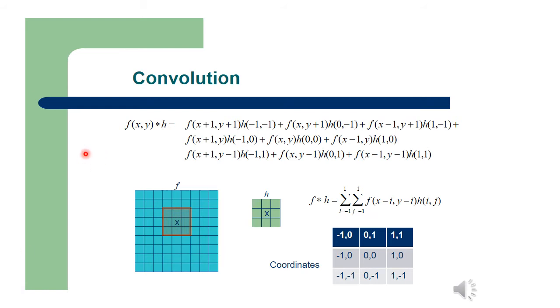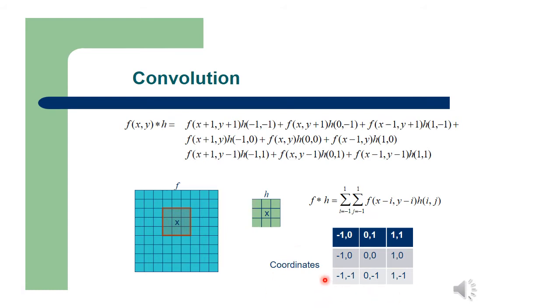So we apply this convolution upon an image by sliding this window from this point to this point.